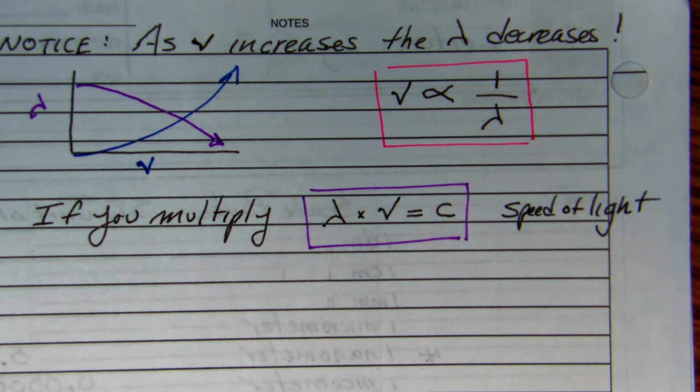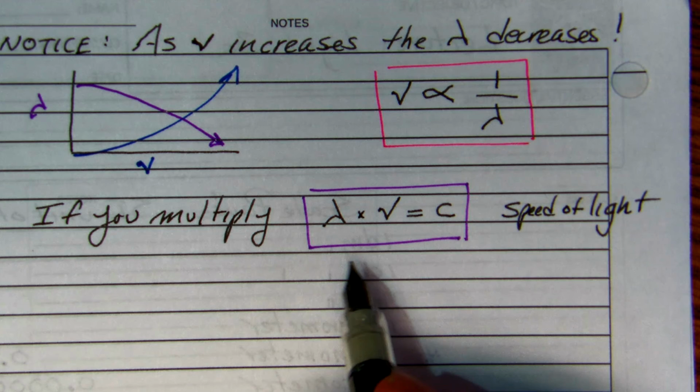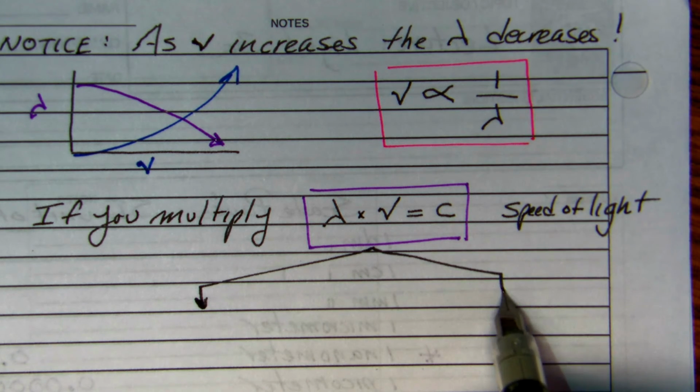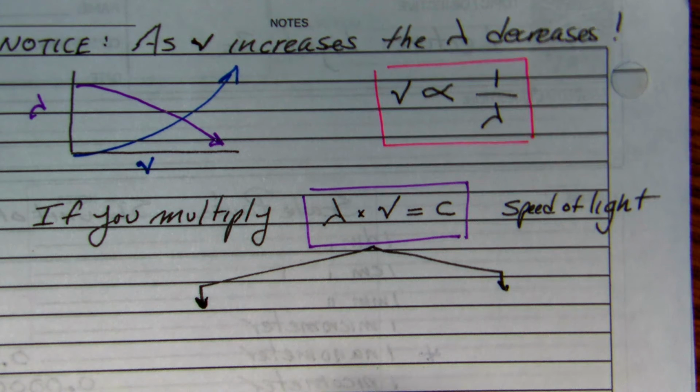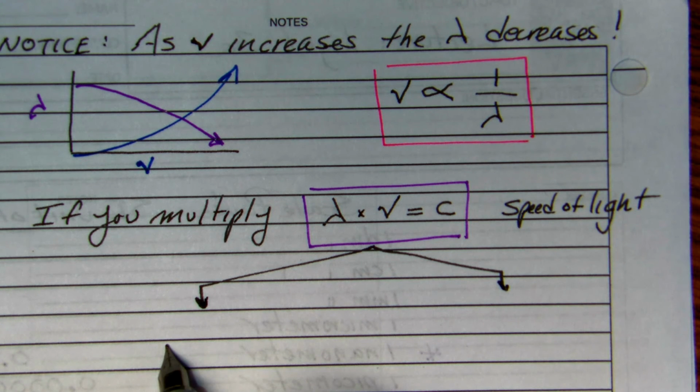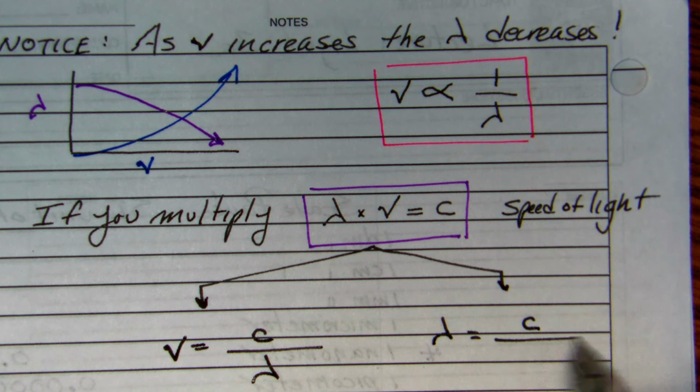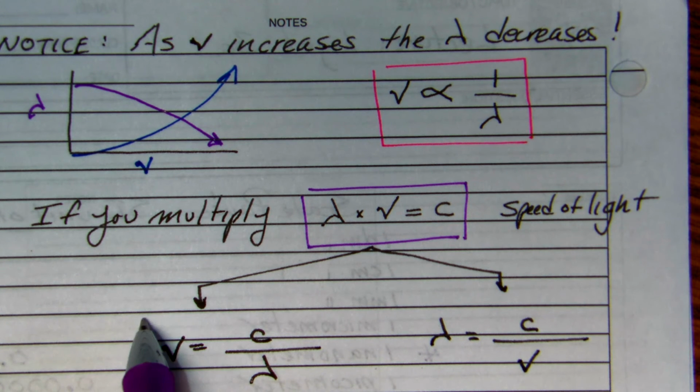Wavelength times frequency equals the speed of light. What that does is it derives for us, we can solve for wavelength and we can solve for frequency, so that gives us nu is equal to the speed of light divided by the wavelength, or the wavelength is equal to the speed of light divided by the frequency. Very important equations for our work.